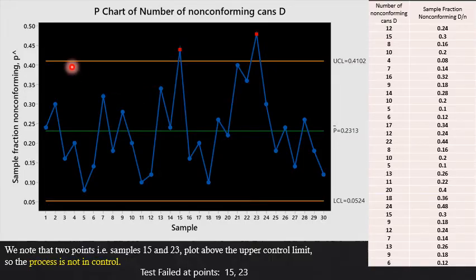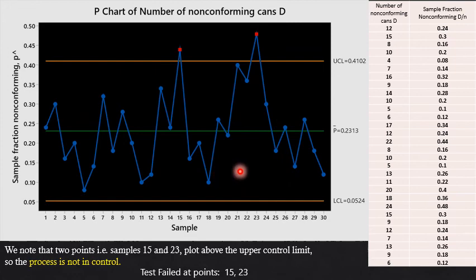So this is the P chart. We get this from Minitab software with the help of this table. In Minitab, we simply put in this table and n equal to 50, and then we get this P chart. The control chart with center line and the upper and lower control limits is shown in this figure.